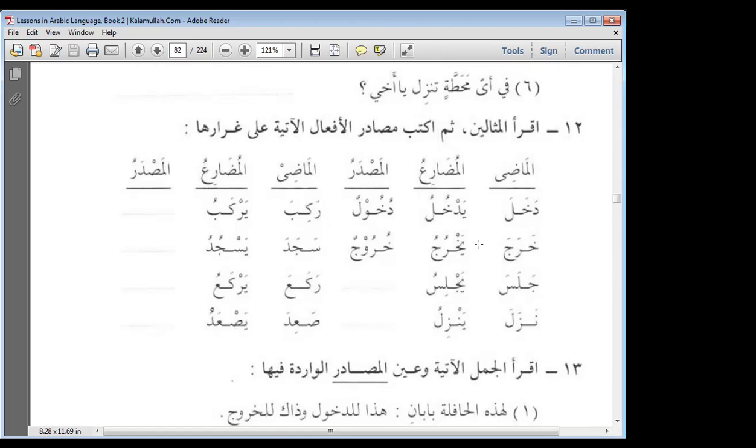the same pattern. So what is a masdar? So far we spoke about the past tense verb, and we spoke about the present tense verb. Now we are speaking about something called the masdar.